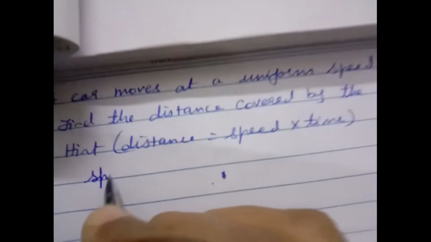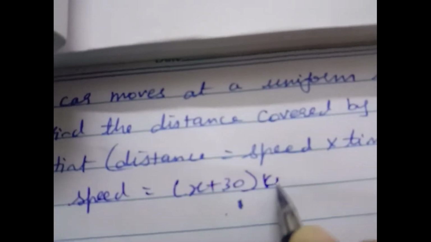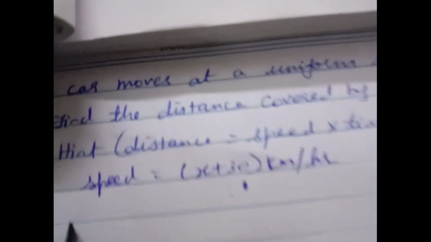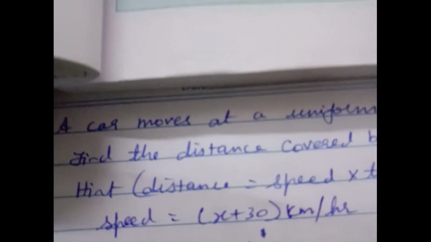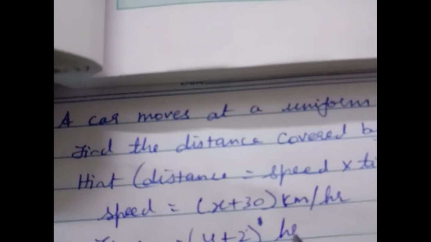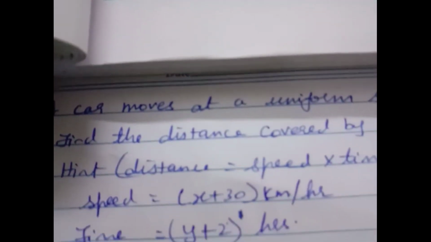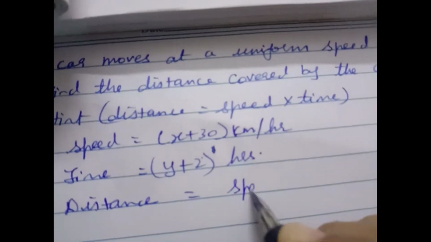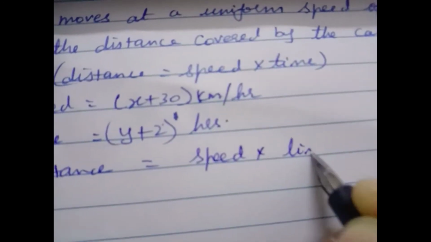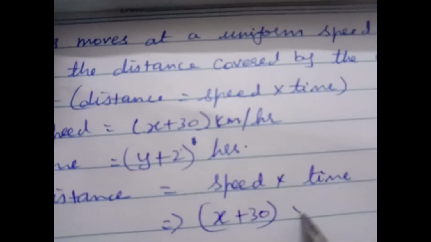Speed is equal to x plus 30 km per hour, and time is y plus 2 hours. Therefore, we need to find the distance covered by the car. Distance is equal to speed into time. So speed is x plus 30, into time is y plus 2.